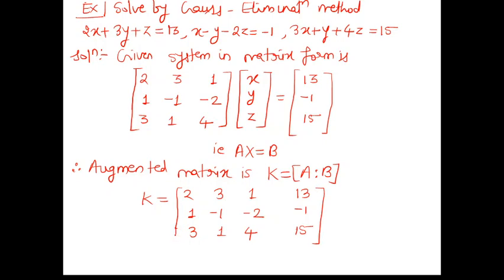So in this way I have written an augmented matrix. In order to separate A from B, we can draw a dotted line. Now this is the augmented matrix.